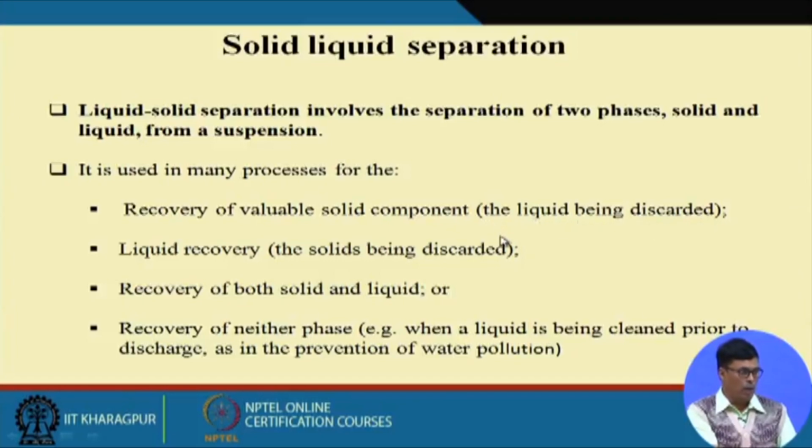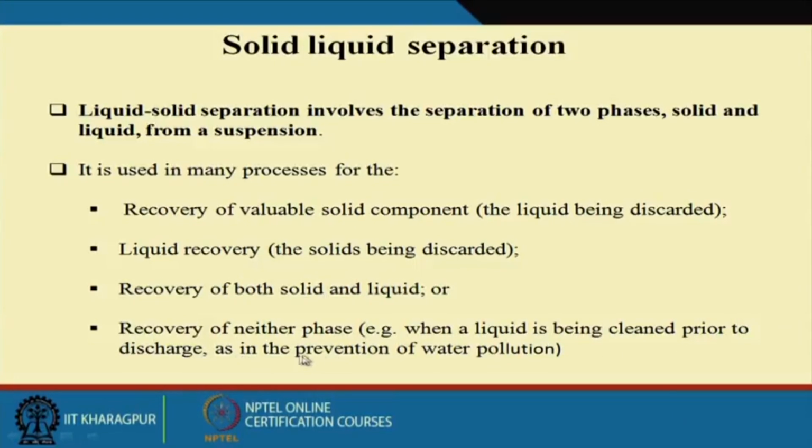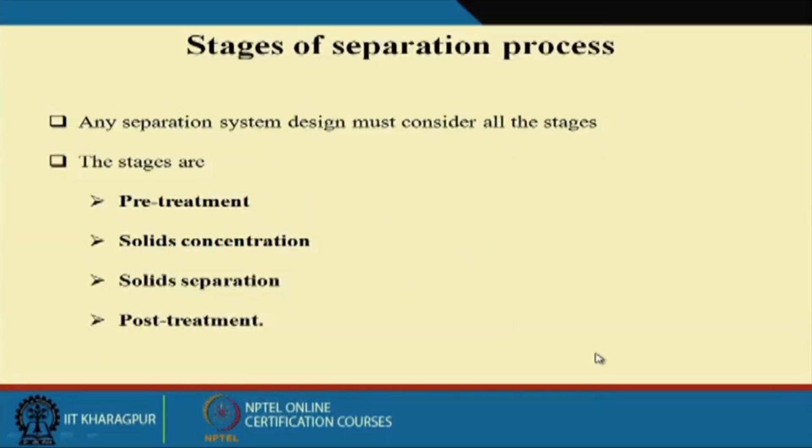So you have two different things: recovery of valuable solids with liquid discarded, or liquid recovered and solid discarded. In some cases the recovery of both solid and liquid is required, or recovery of neither phase, as when a liquid is being cleaned prior to discharge, as in the prevention of water pollution. So this is how it is done.